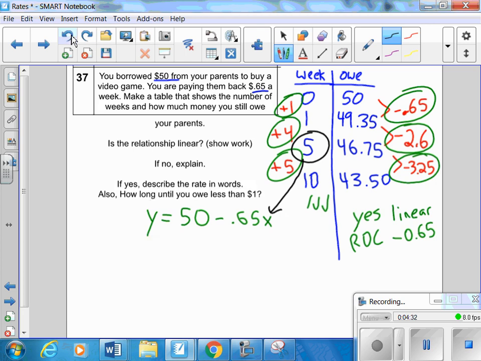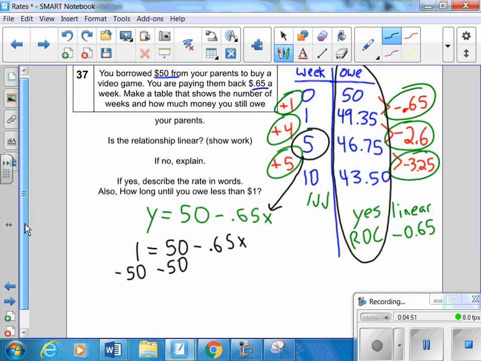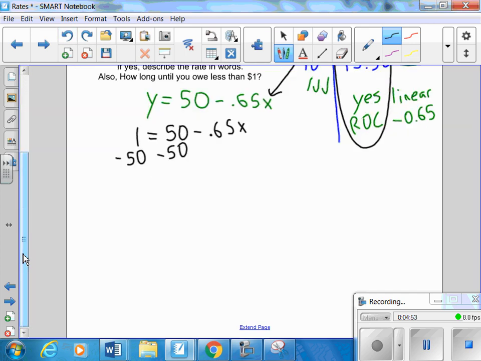So if you want to figure out when you owe them less than $1, well, the y coordinate represents how much you owe. So let's plug 1 in for y and solve this equation. What you'll do next is subtract 50, because you're trying to get x by itself. 1 minus 50 is negative 49, and that equals negative 0.65x.